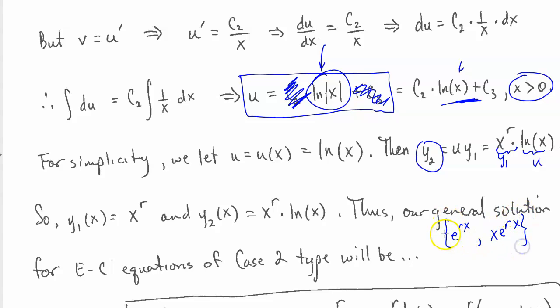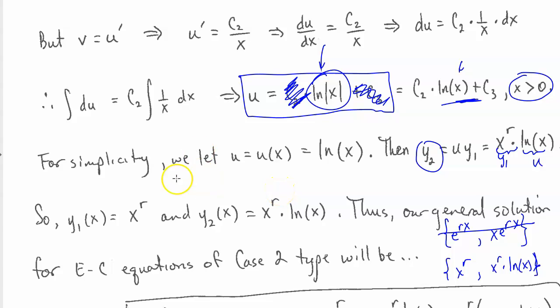So in this instance we have x raised to the r as the first solution, and then x raised to the r times natural log of x as the second one from the reduction of order process to complete our basis of solutions.